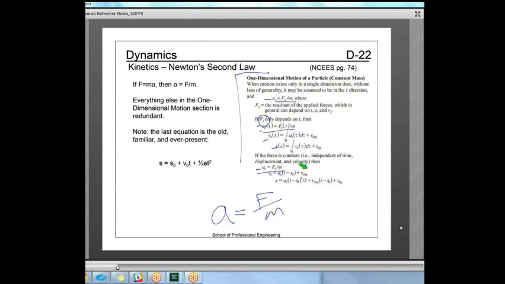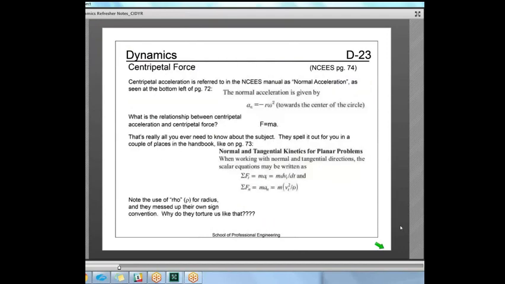But if the force is not changing with respect to time, then you get the red equation, and if you integrate that, you get the blue equation. So not a single new thought going on in the one-dimensional motion of a particle section.